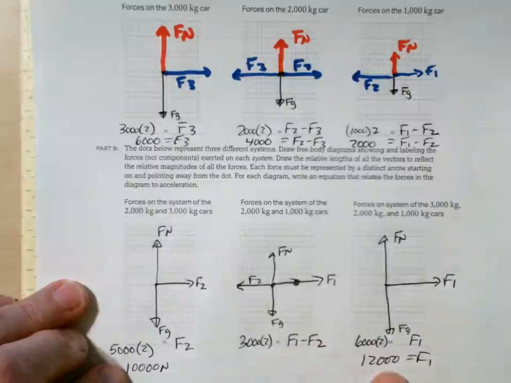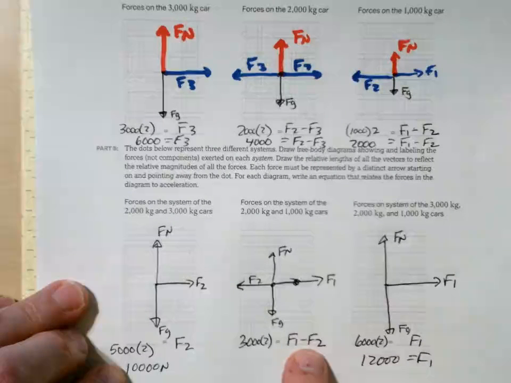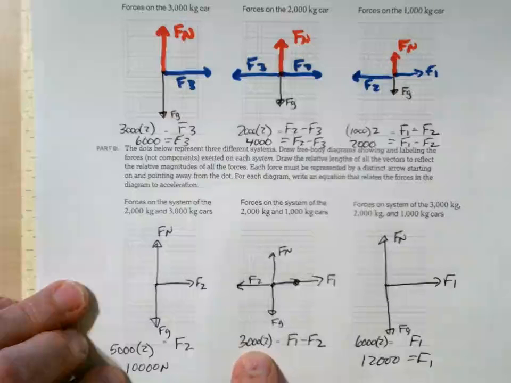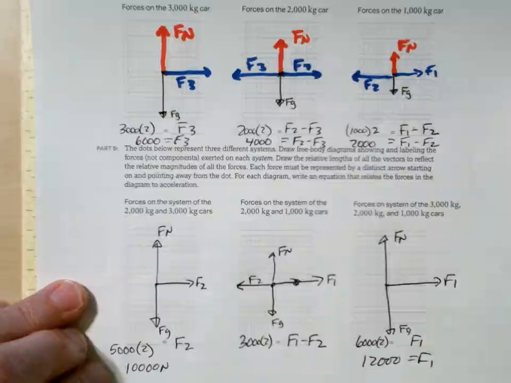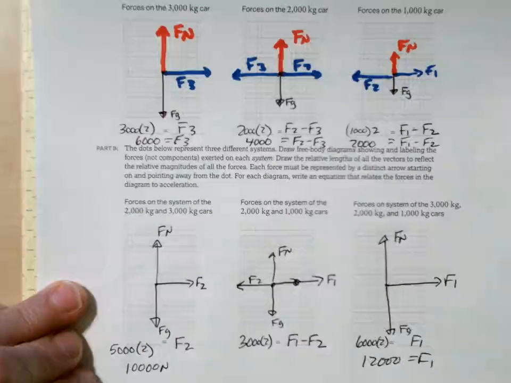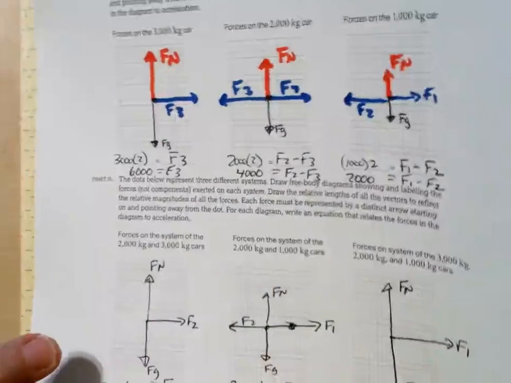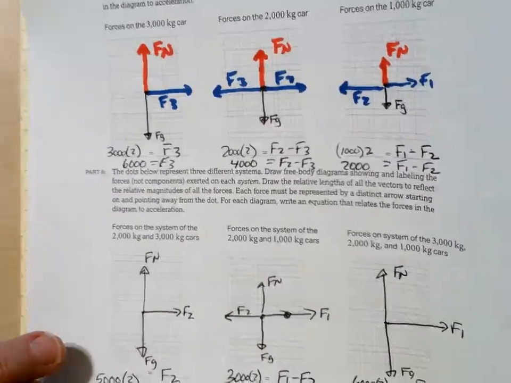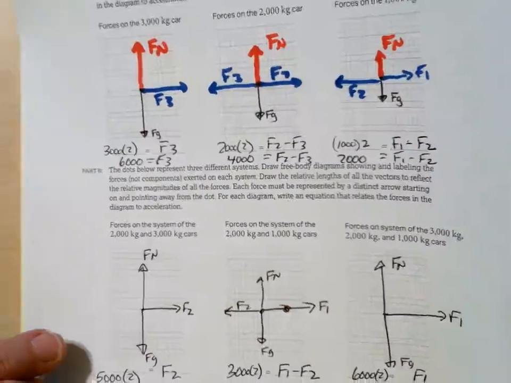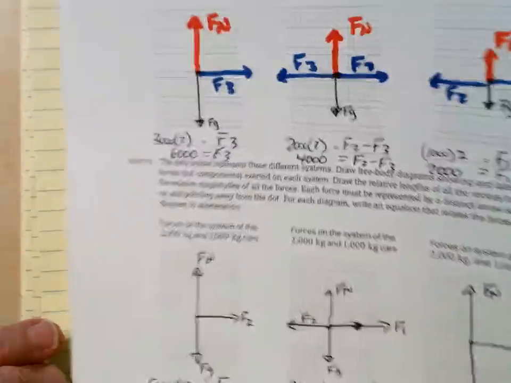And if we know this, 12,000 minus what is equal to 6,000? 12,000 minus 10,000 is 2,000.